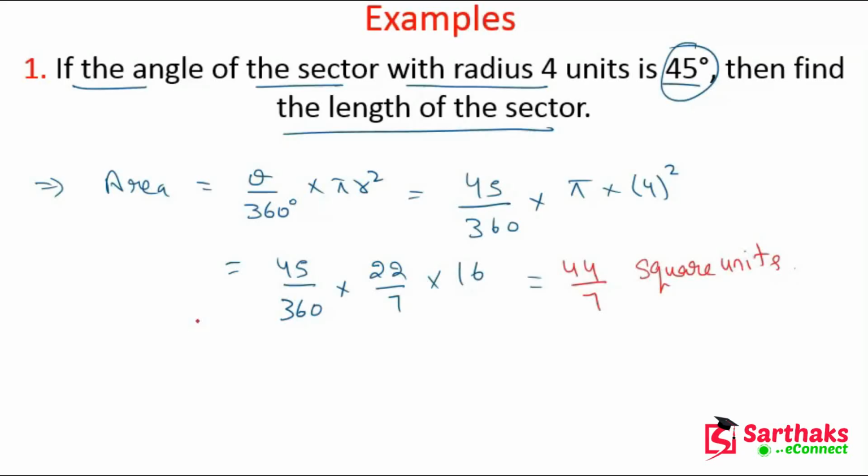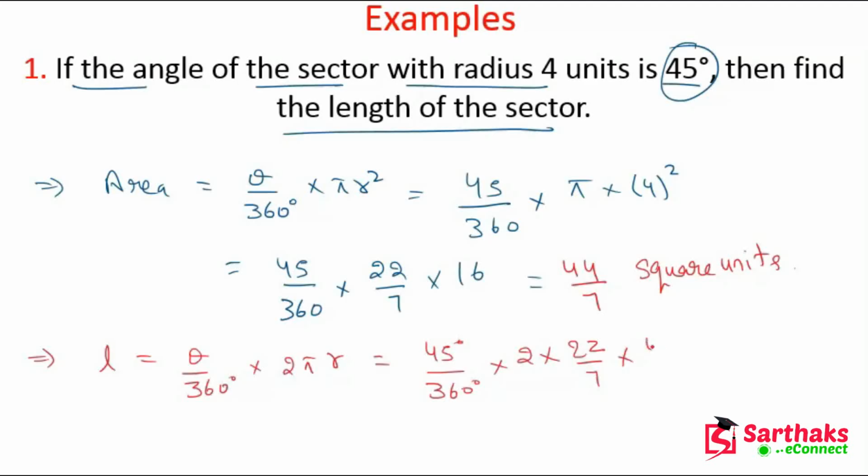Now let's find the length. The length of the same sector L is equals to theta upon 360 degree into 2 pi r. We know this formula. Theta is 45 degree upon 360 degree into 2 into 22 upon 7 into 4.